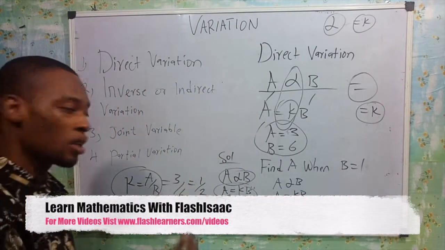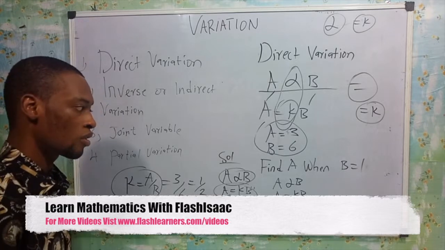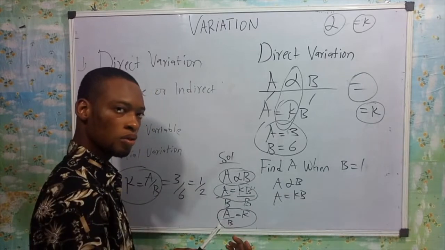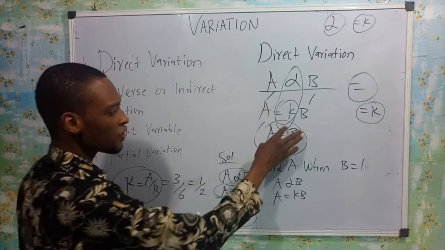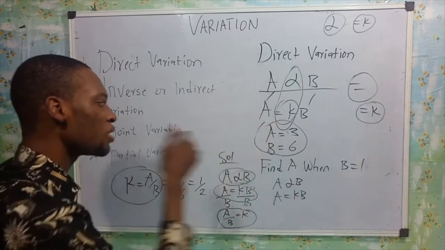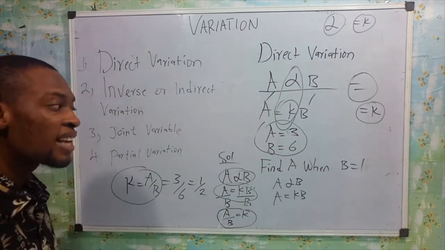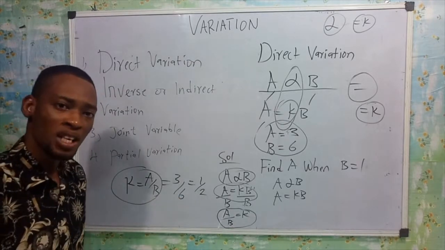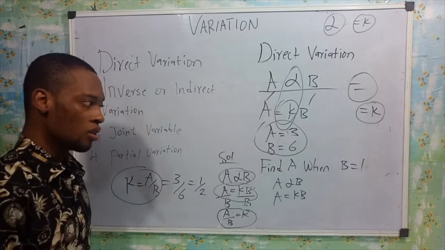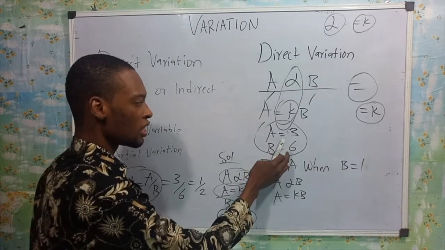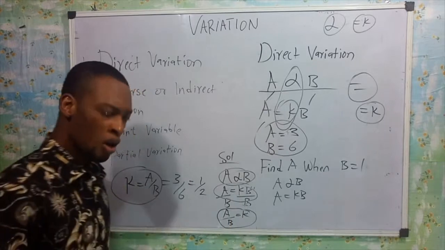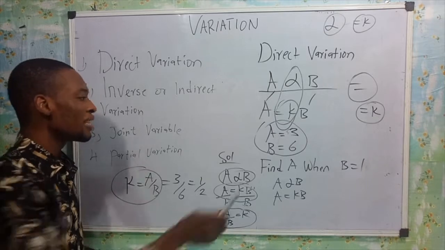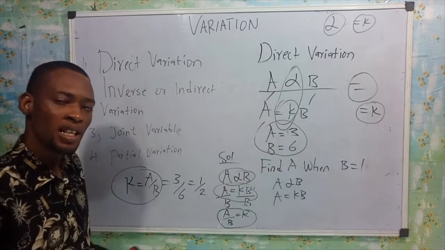We are now looking for A when B equals 1. In the first statement, they gave us A and B. But in the second statement, B has changed to 1. So if B changes to 1, what will A be? Certainly A can't remain the same, because when B was 6, A equals 3. It's variation, so when you change one, the other one must be affected. A can no longer be 3. So let's look for the new value of A.